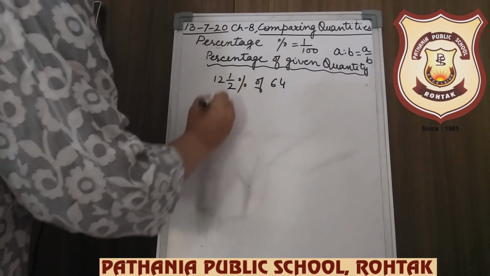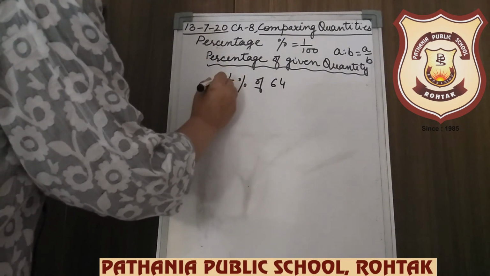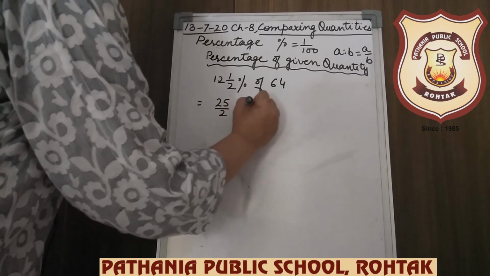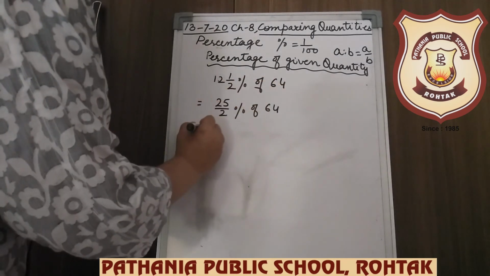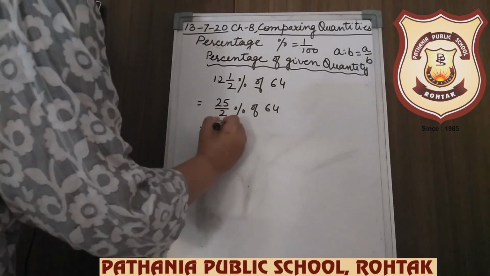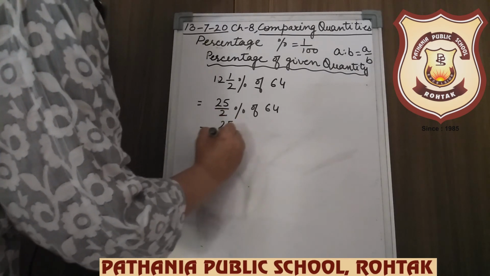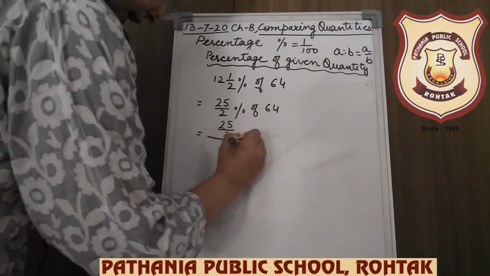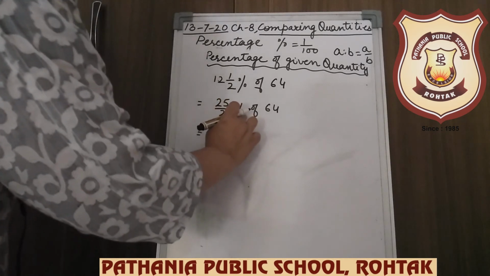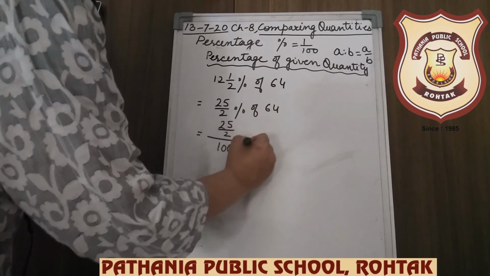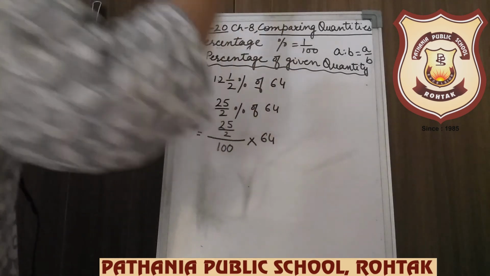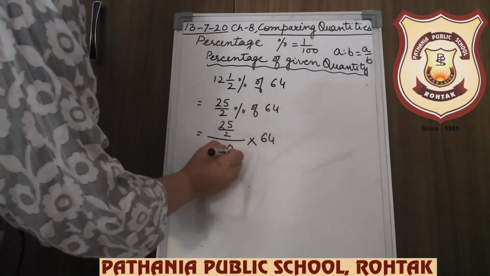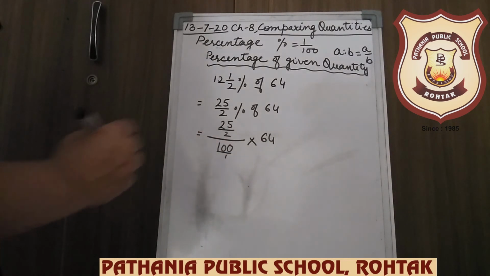Now first convert this into improper. 12 2s are 24 plus 1, 25 upon 2% of 64. Then second step, 25 upon 2 and here it is going to be 100 for this percent sign. Of means multiplication and 64 here. Is this step clear?